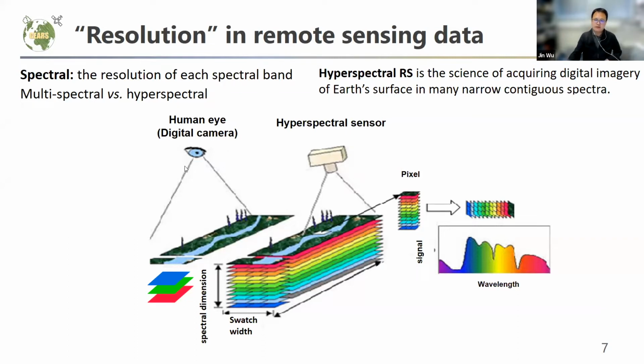The cartoon here gives you some general examples. For example, a digital camera, like a cell phone camera, is a way to mimic our human eye to see the world. Normally a digital camera records the image in 3 spectral bands: red, green, and blue. The reason is that red, green, and blue are the 3 primary colors of the visible world.